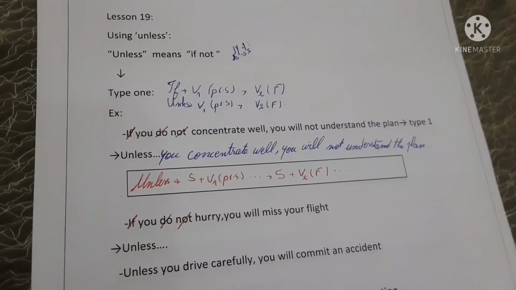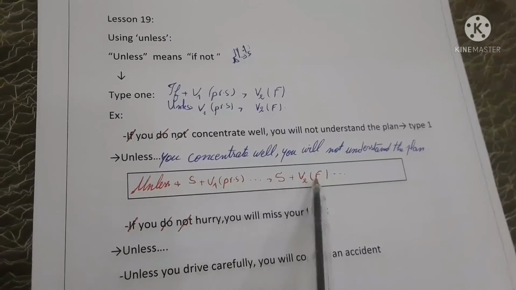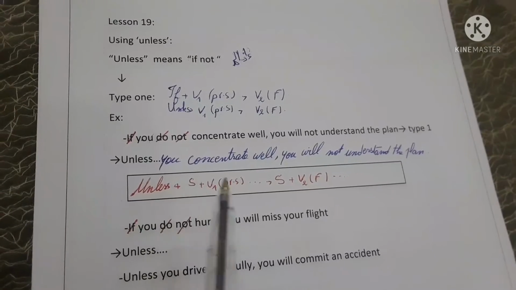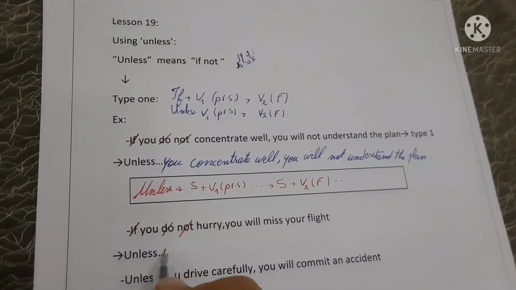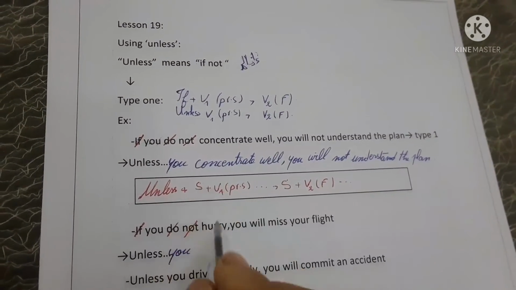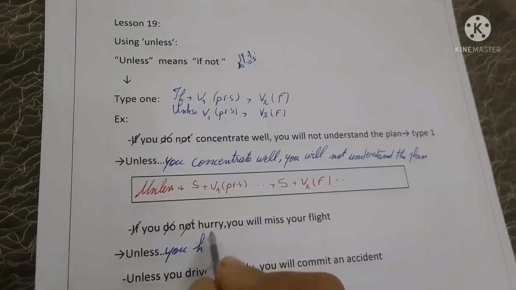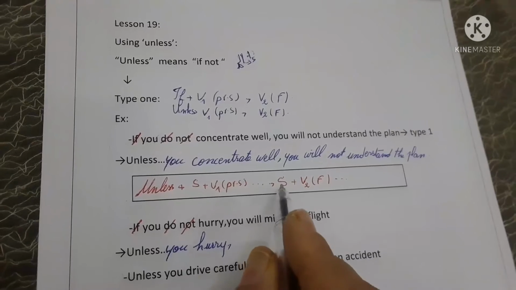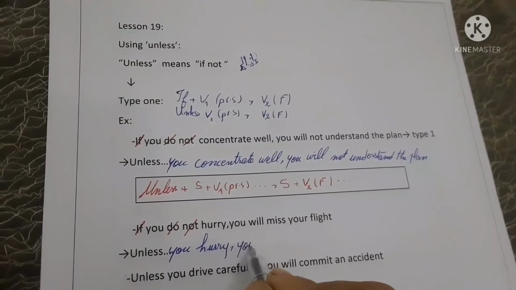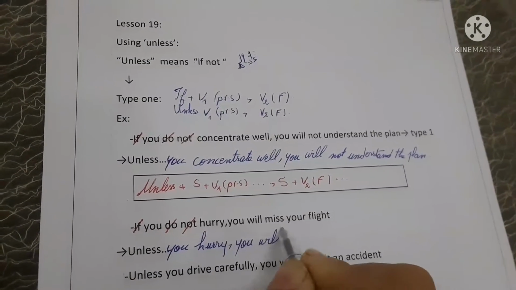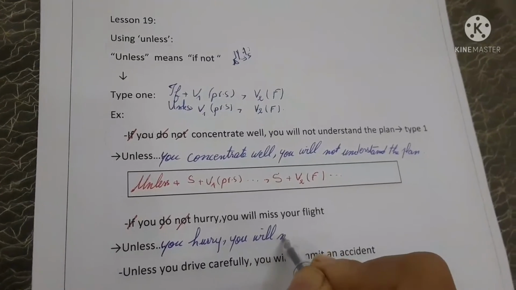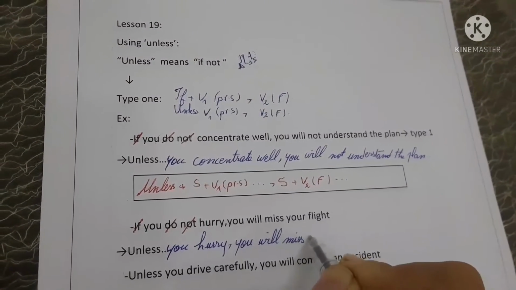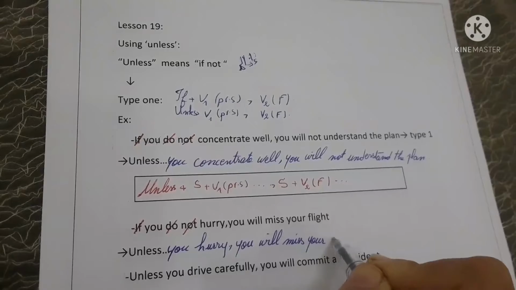Then we write, practice the rule, unless plus the subject, which is you, unless you plus the first verb in the present, the verb is hurry, plus subject, you will miss your flight.